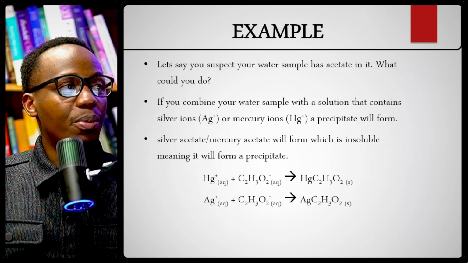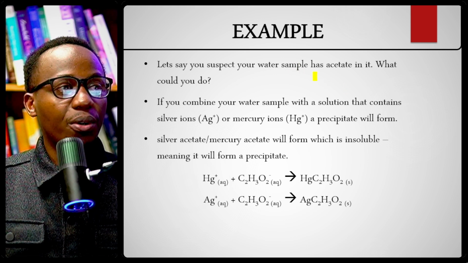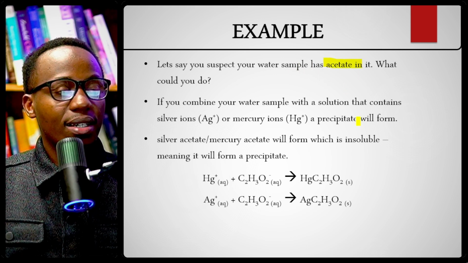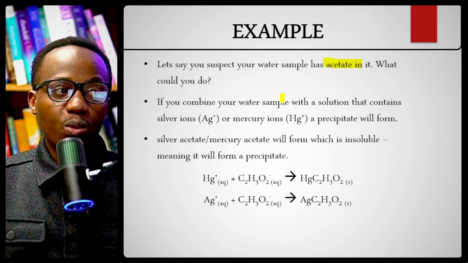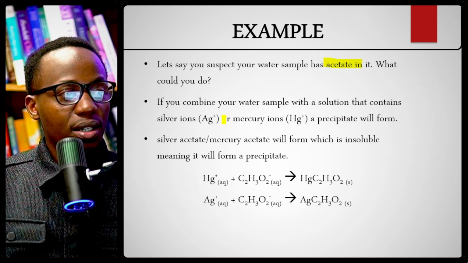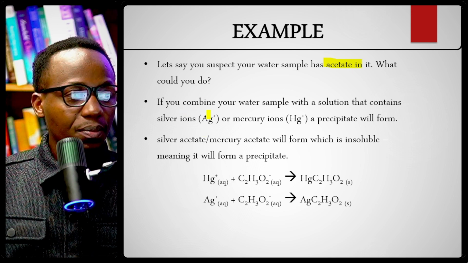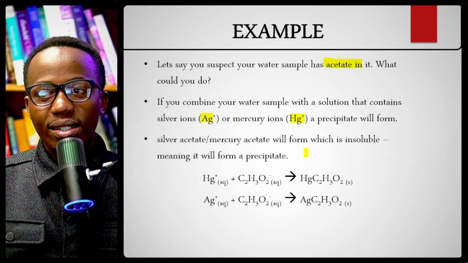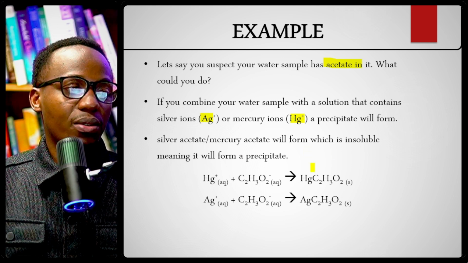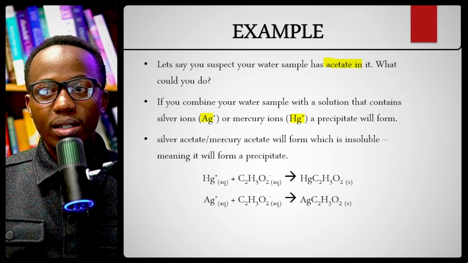So an example is, you get a water sample and it has acetate in it. How are we going to detect acetate? Well, there are rules that tell us that if you add silver or mercury to acetate, there will be a precipitate, right? So you can use that.